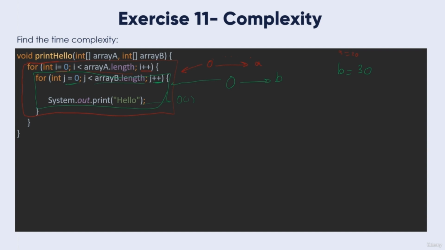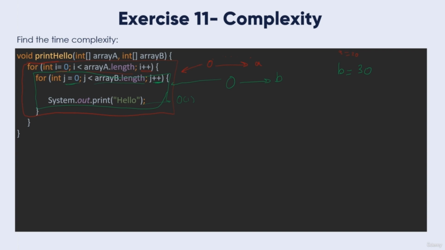So every time i is increased, the inner loop is going to print hello 30 times. Okay? And we have above 20 iterations. So every iteration in the outer loop will result in 30 iterations in the inner loop.